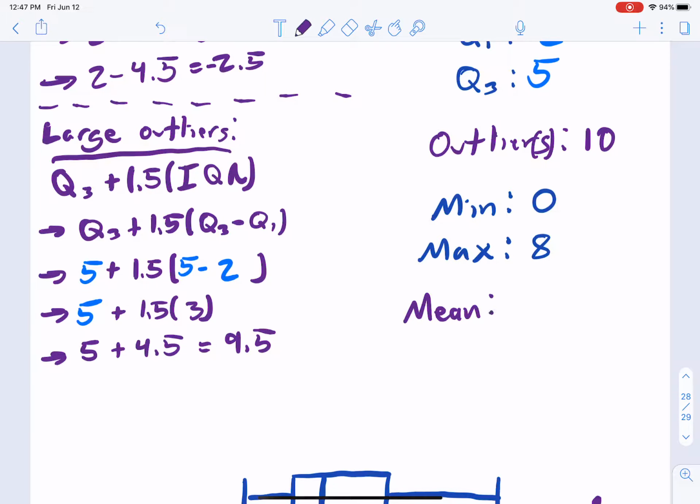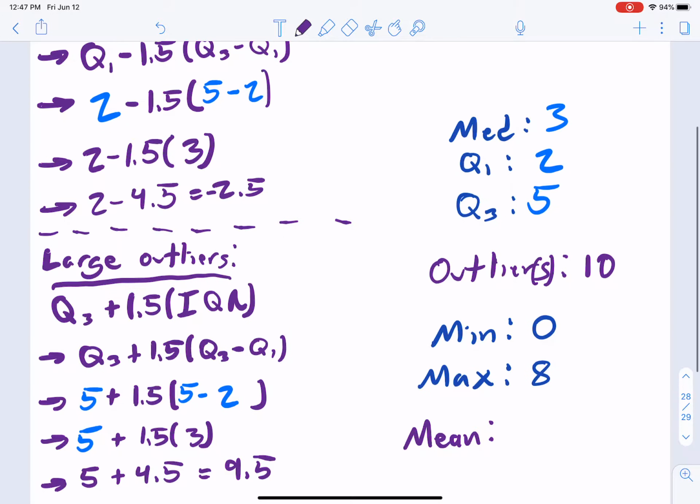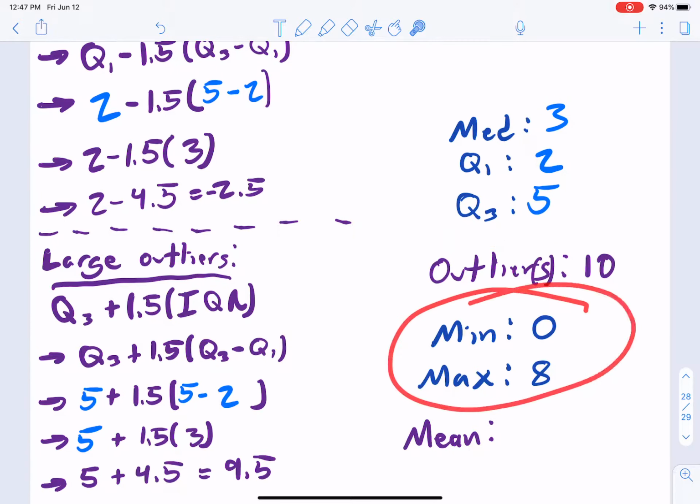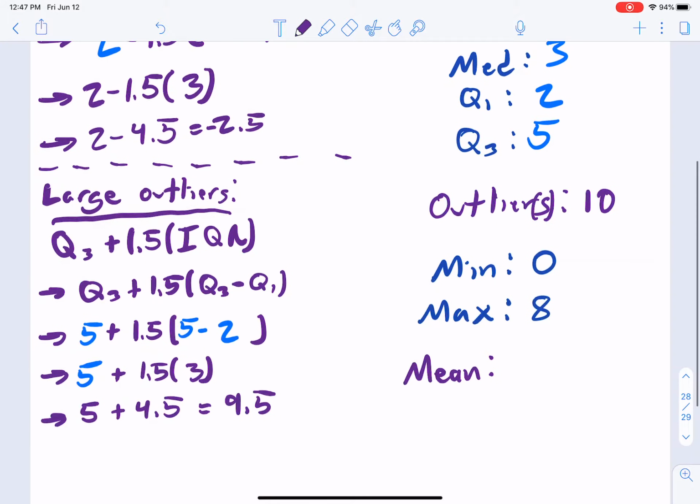Not always required. I'll ask you to do it. These values, the median, quartile 1, quartile 3, the minimum, the maximum, those are the 5-number summary. The mean and the outliers, I'll ask you to additionally include those.